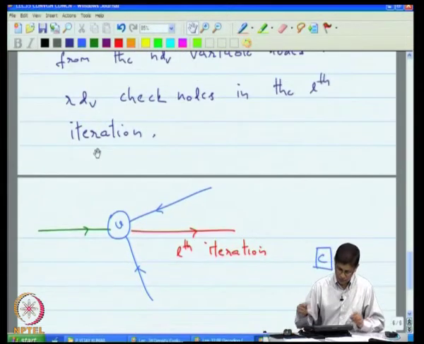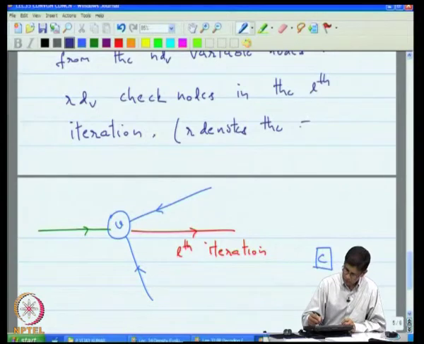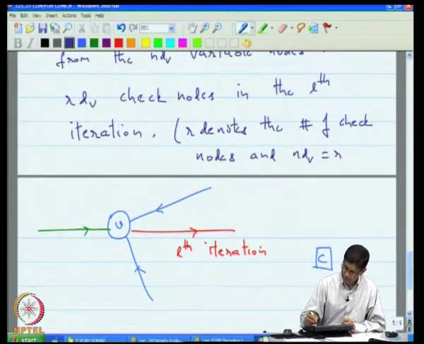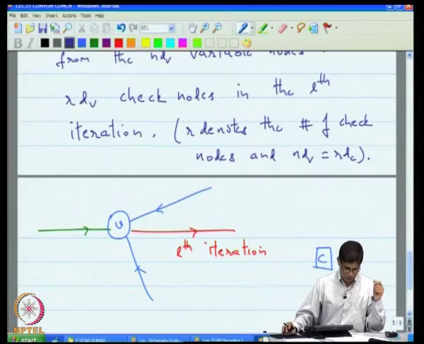Perhaps it is worth putting in brackets that r denotes the number of check nodes. And in addition, we have that n dv is equal to r dc, all right.